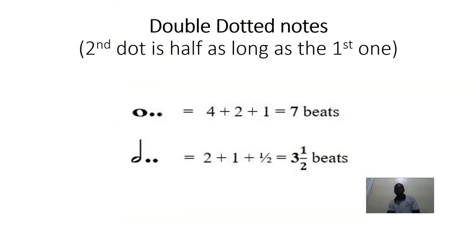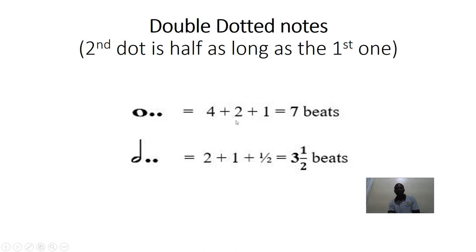We can also have instances where there are two dots written after a note. When two dots are written after a staff note, then the second dot is half as long as the first one. So a double dotted semibreve, for example, would be 4 beats, the original, plus 2, which is the first dot, plus 1, which is the second dot.